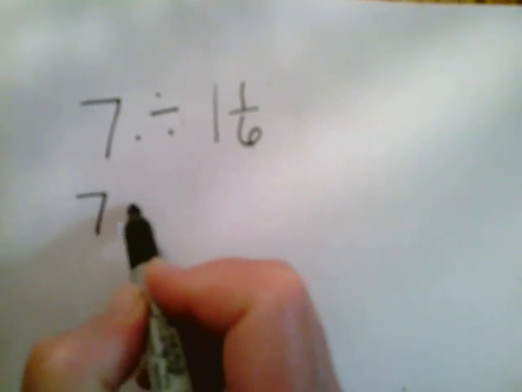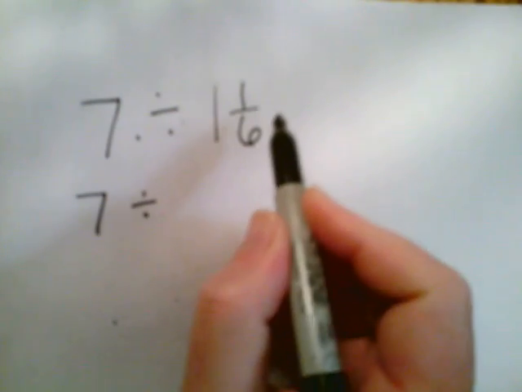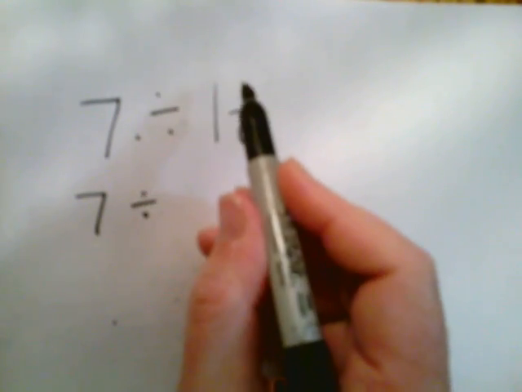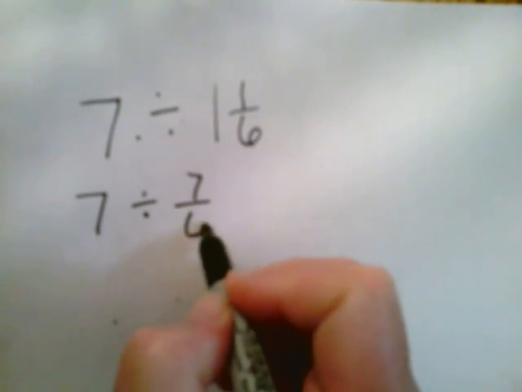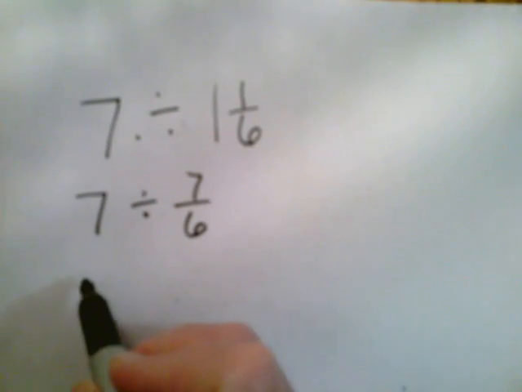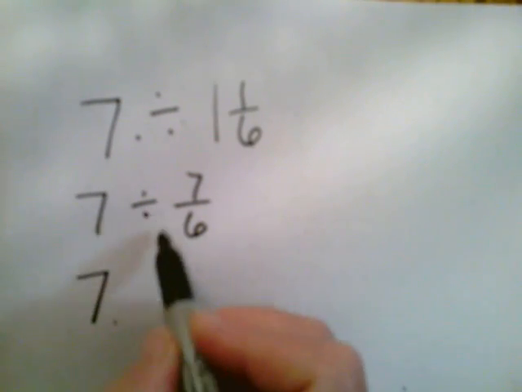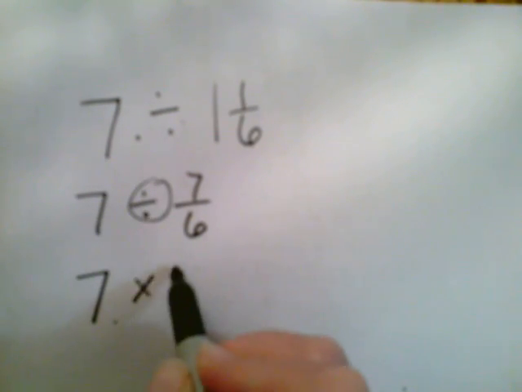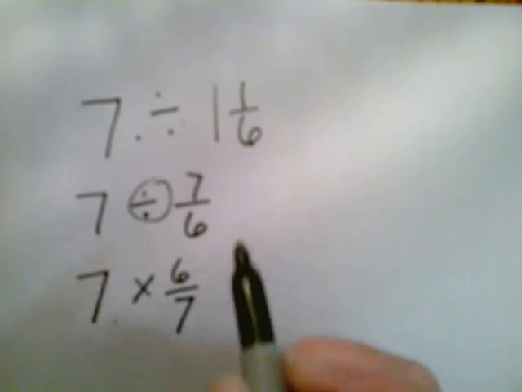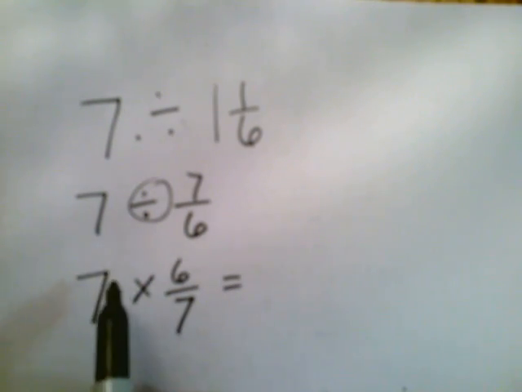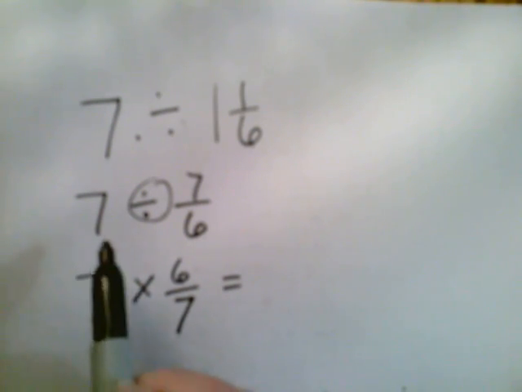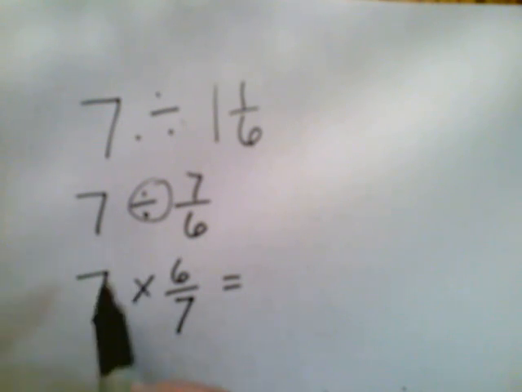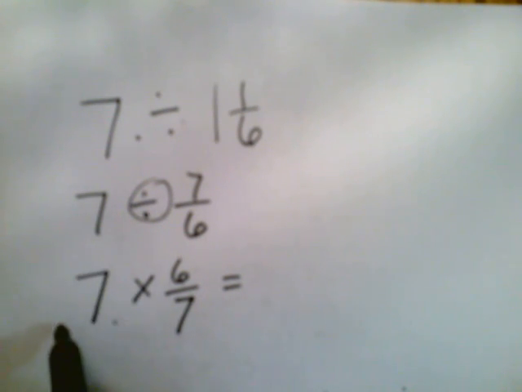So we have 7 divided by 6 times 1 is 6, plus 1 is 7, 7/6. And I'm going to multiply by the reciprocal. And remembering that when I have a whole number, it's really over 1. I don't usually write that down, but I can.